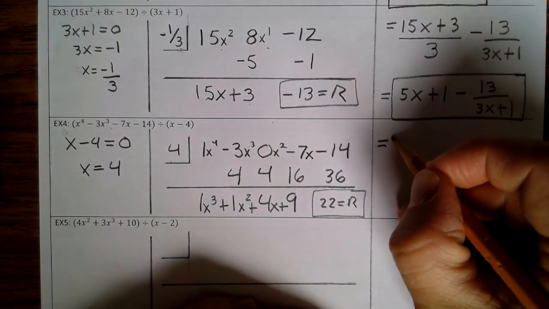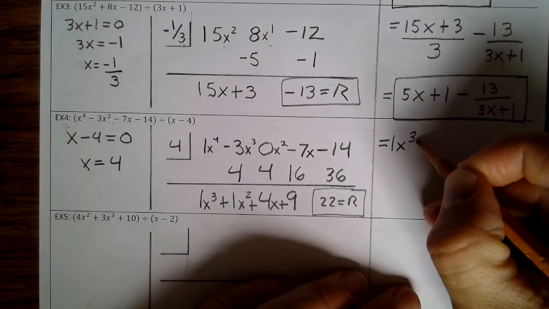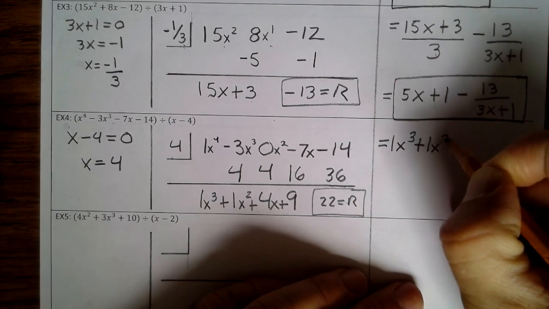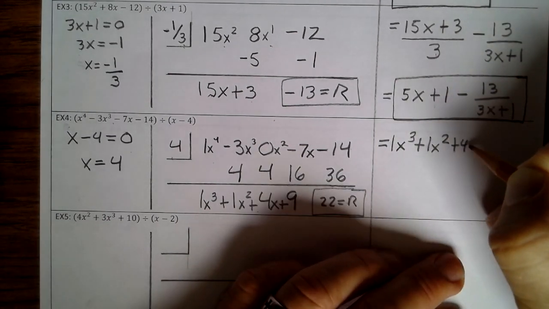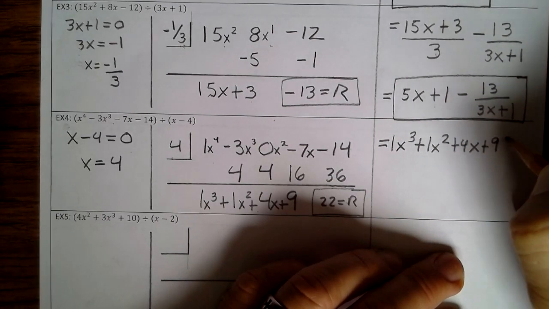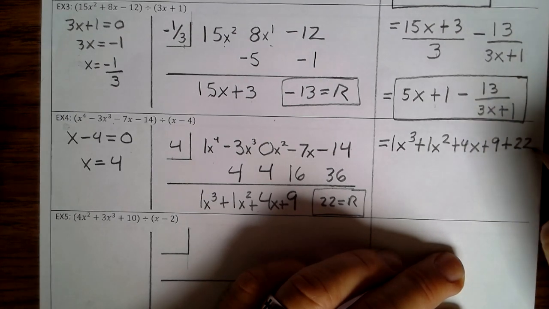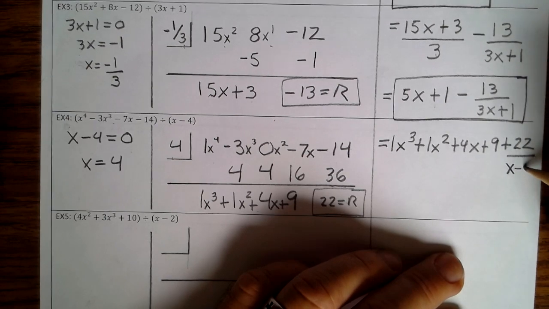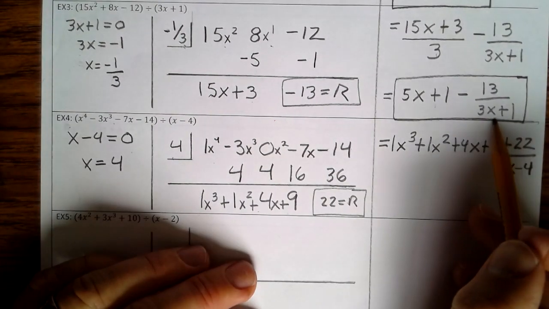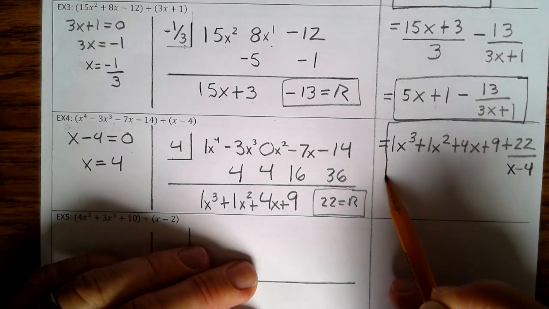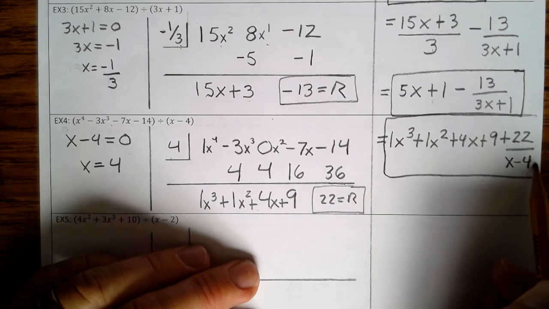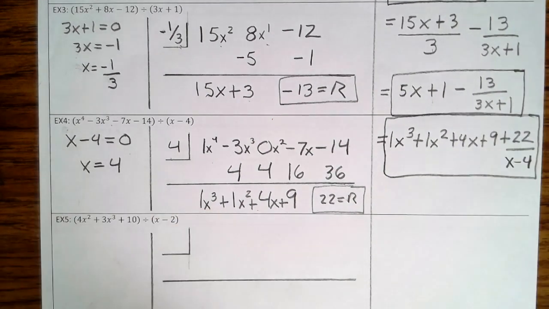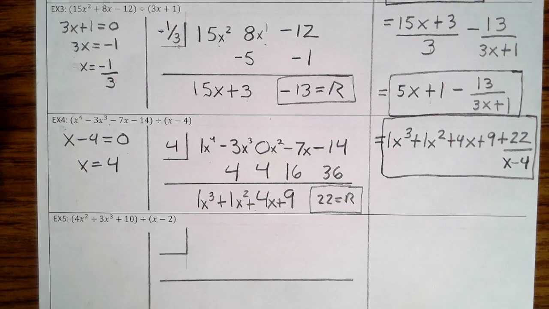So your answer is 1x cubed plus 1x squared plus 4x plus 9 plus 22 divided by x minus 4. Go ahead and finish up example 4.